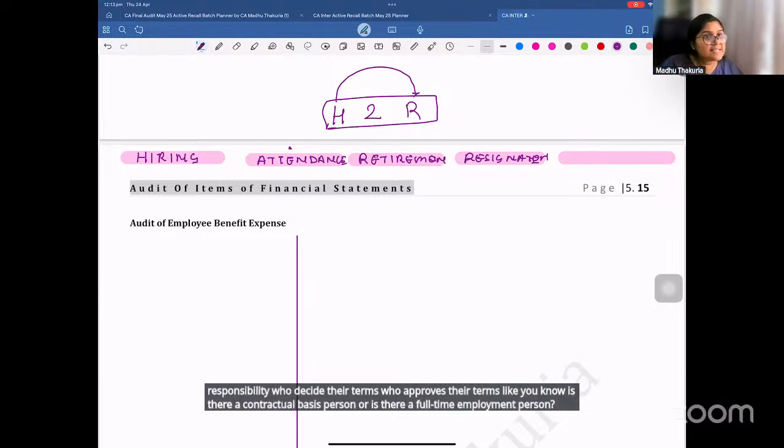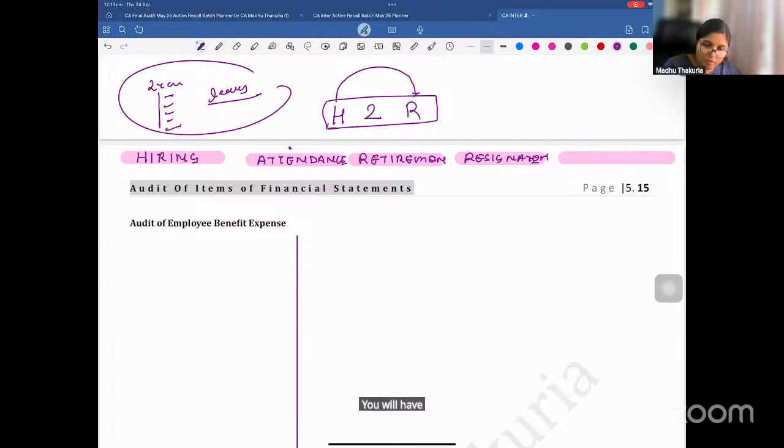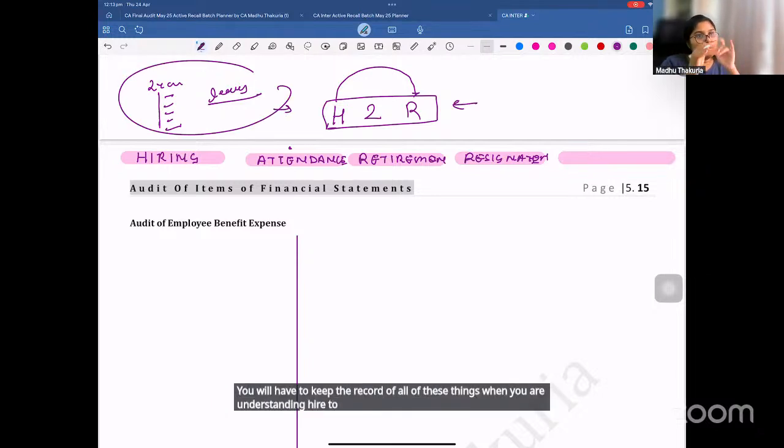Then what are their salaries? It will not be just one amount like 24 lakhs per annum. There has to be a breakup of the salary that you will receive. Then there will be leaves allotted to that person. You will have to keep the record of all of these things when you are understanding the hire to retire process. So you will make your risk control matrix, the hire to retire RCM.